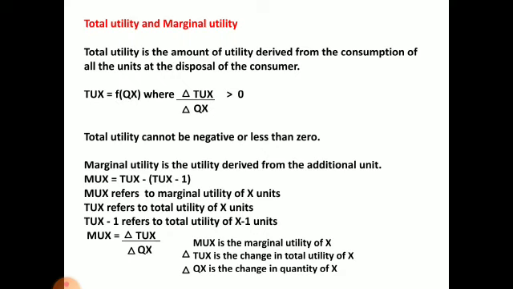MUX refers to the marginal utility of X units. TUX refers to the total utility of X units. TUX minus 1 refers to the total utility of X minus 1 units, that is the previous unit.